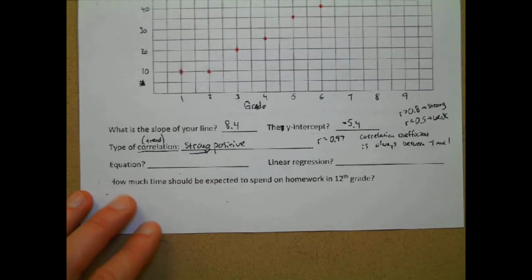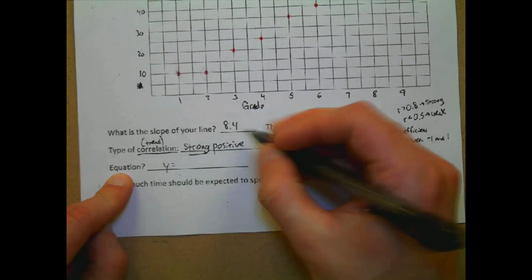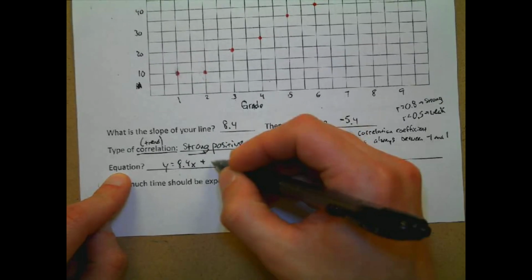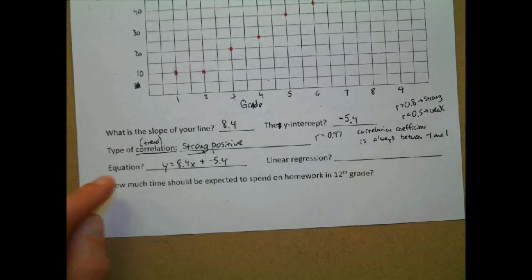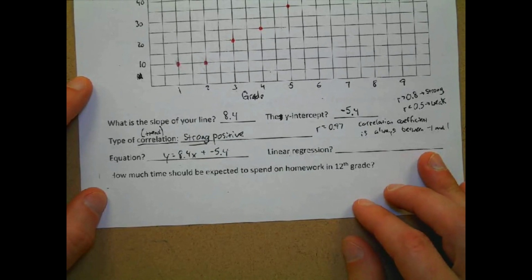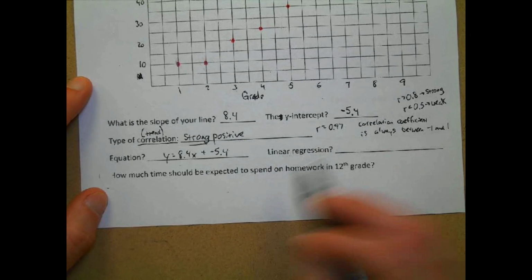Yeah. Okay. The equation then, that's easy enough. It's just putting together the two pieces here. So 8.4x plus the -5.4. Okay. Oh, I think I see what's going on here. All right, we'll just use the linear regression.